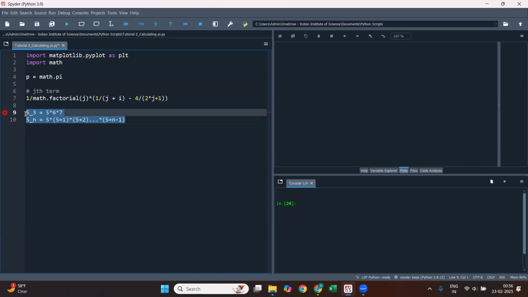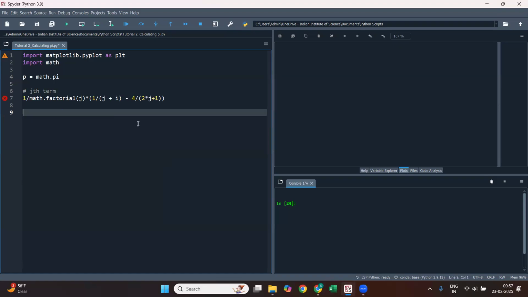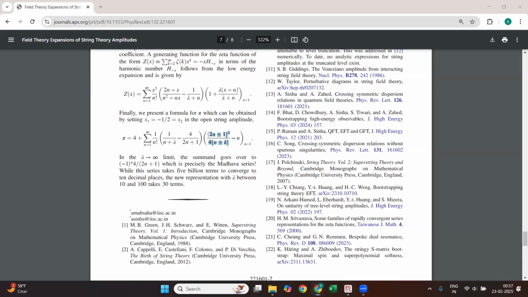So this is again a product. So let's try to compute this bracket separately. The first term of this bracket is just 2j plus 1 whole squared over 4 times j plus lambda.